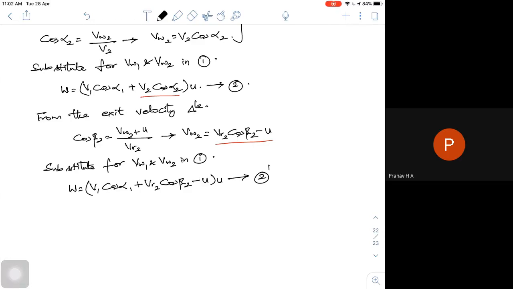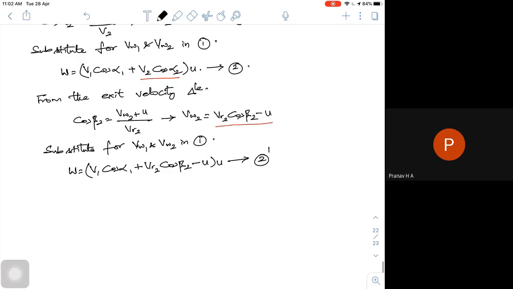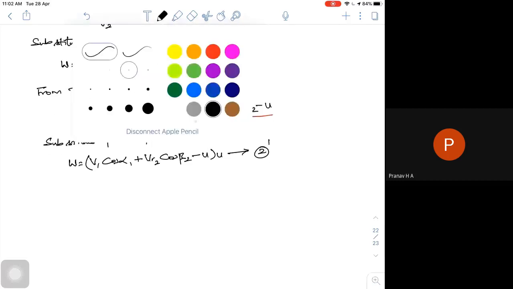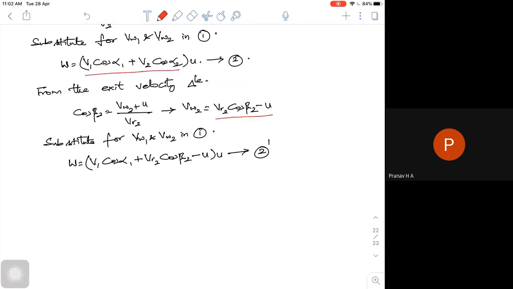These are some of the conditions which prevail only in case of your Parsons turbine, that is the reaction turbine. So this is one form of equation, and we have another form of equation like this in terms of beta. Now if I take the original expression, equation 2.